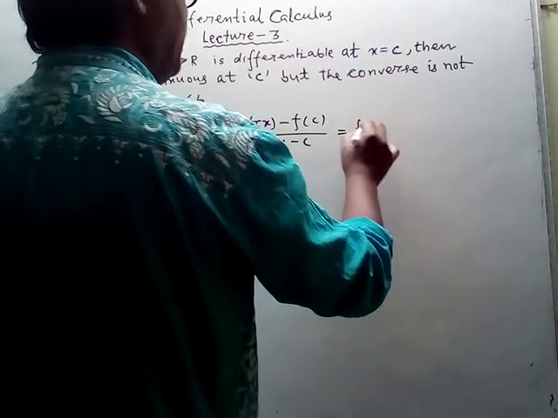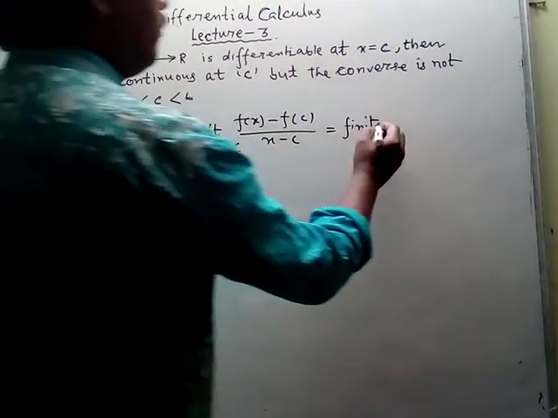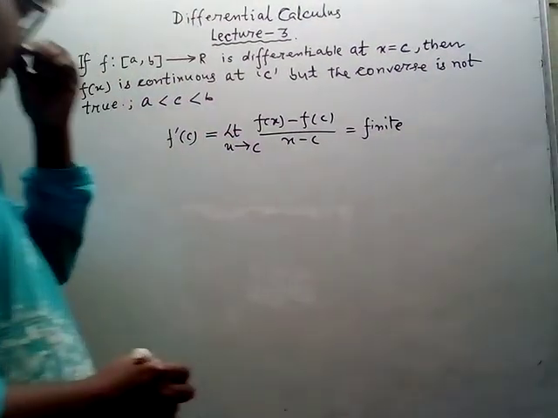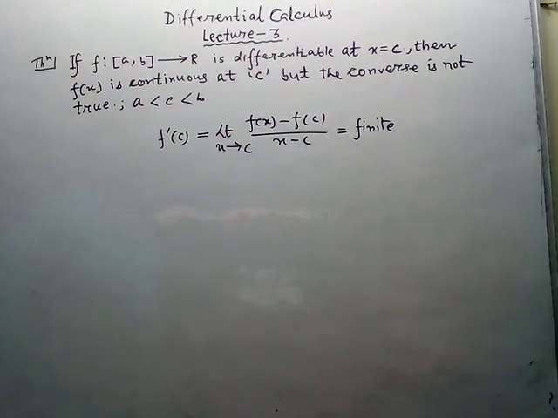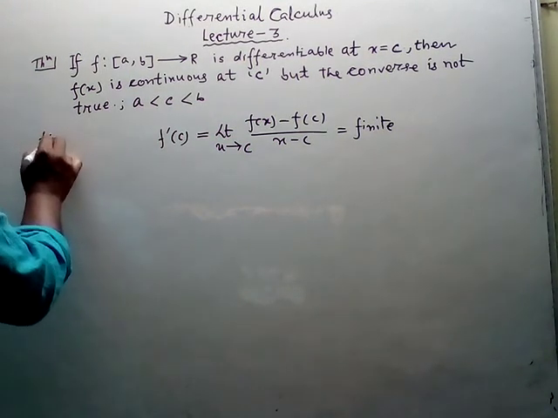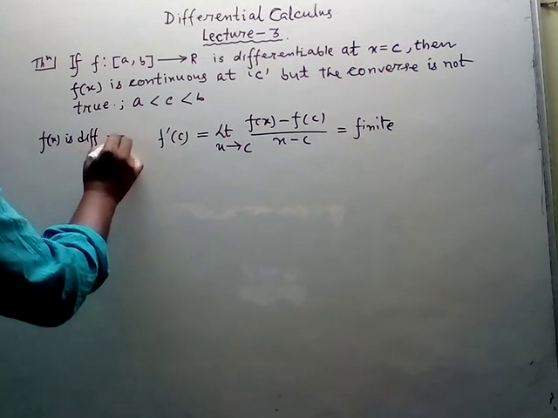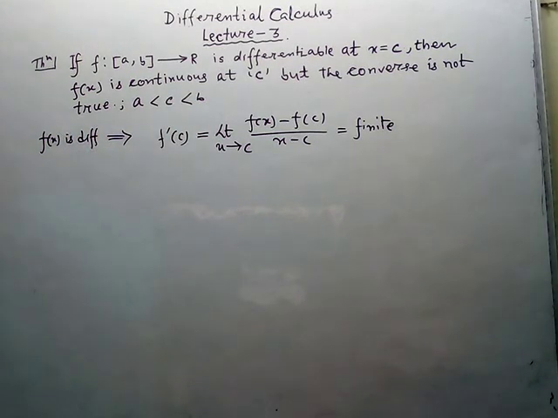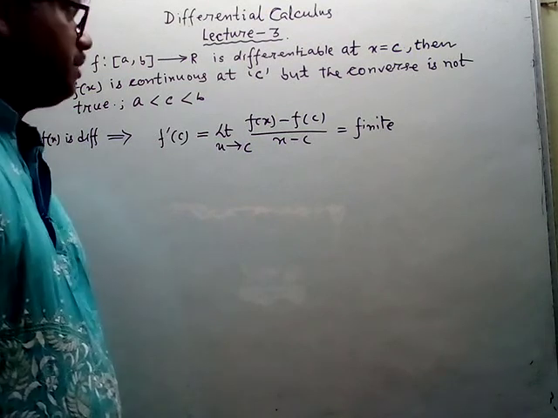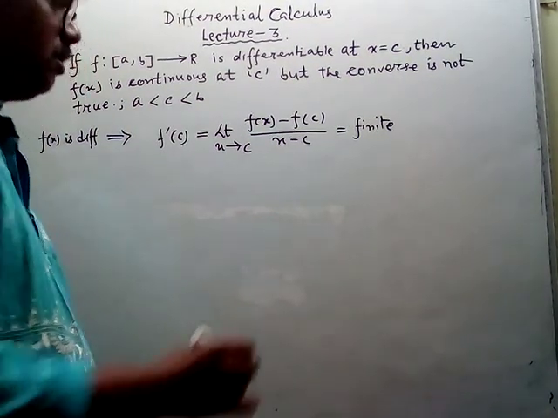This is a finite value. Since f(x) is differentiable, this holds. Now we have to prove that f(x) is continuous at x equal to c.